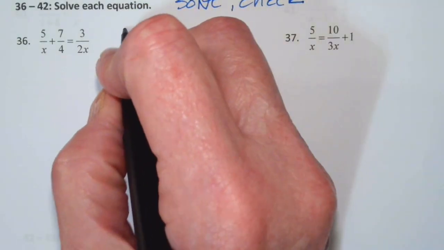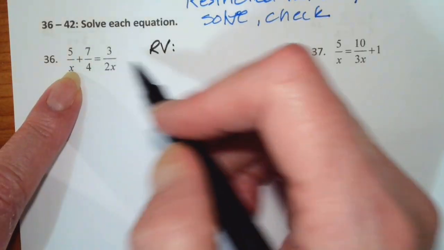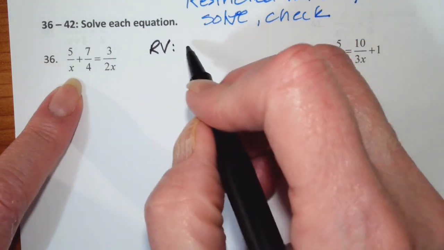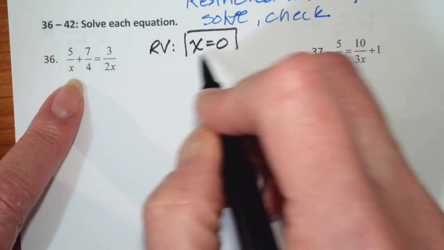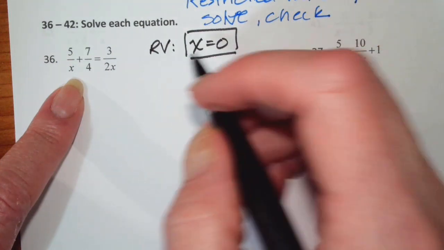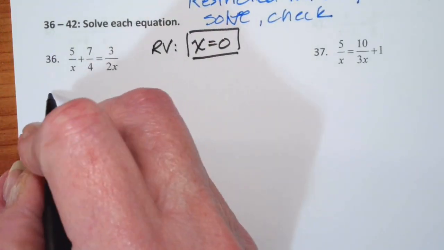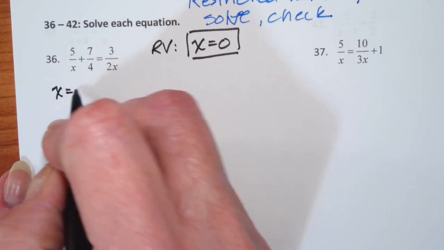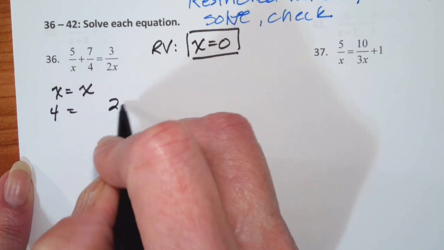All right, so the restricted values, which I'm going to abbreviate RV, are any values that make the denominator 0. Well, the only value that will make any of the denominators equal to 0 is if x is 0. Now, for the least common multiple, x is just equal to x. 4 is equal to 2 times 2.